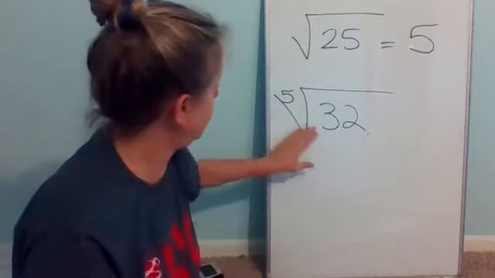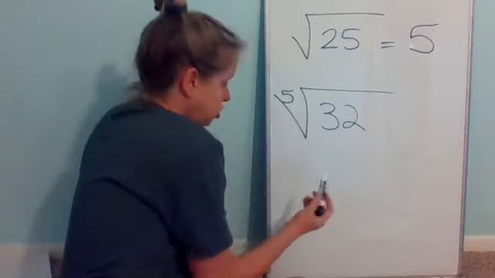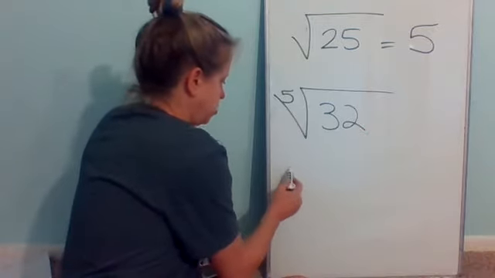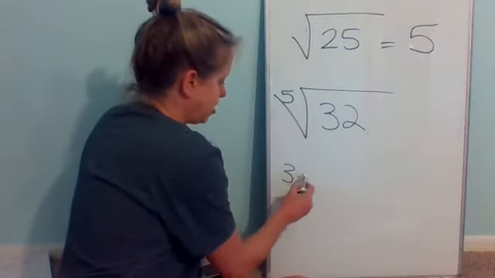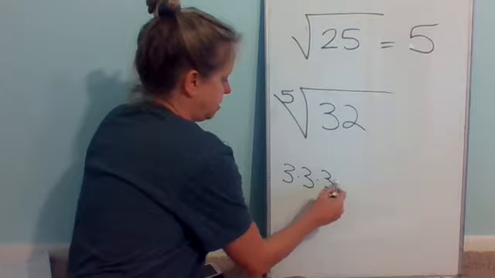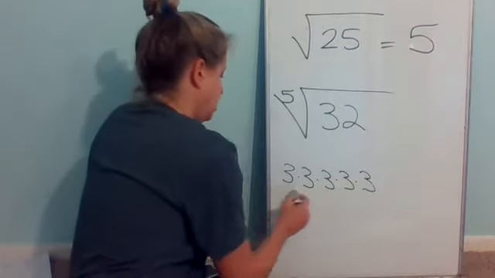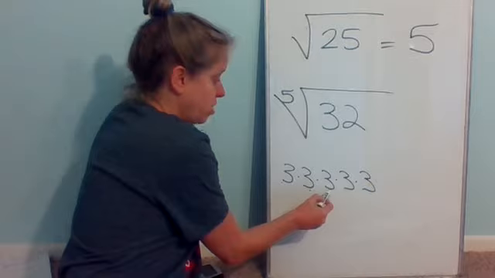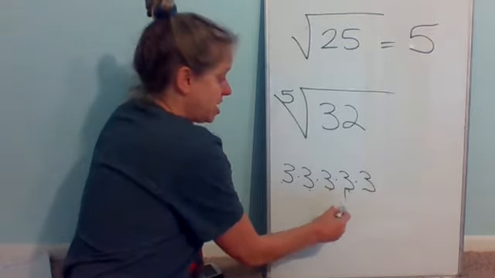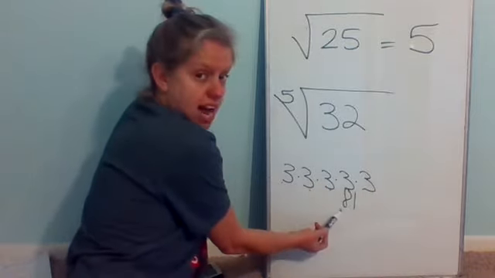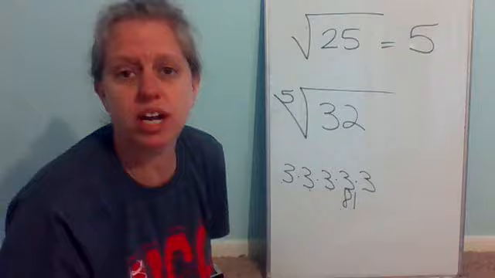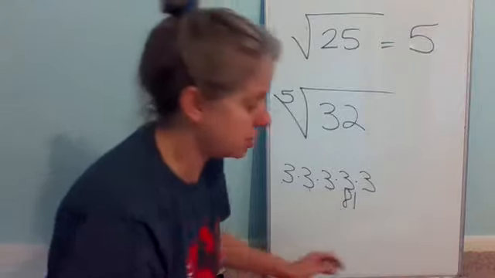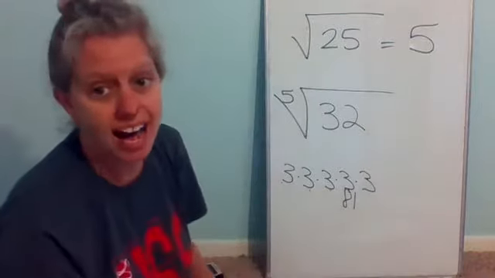Well, let's just start with 3. If I multiply 3 together 5 times, 3 times 3 is 9, times 3 is 27, times 3 is 81. So I'm already at 81, and I still have another 3 to go. So 3 is actually too high.